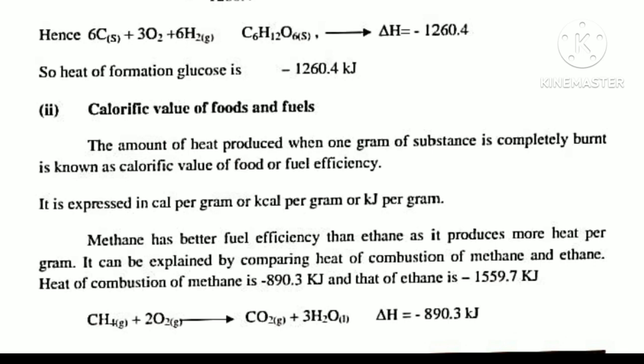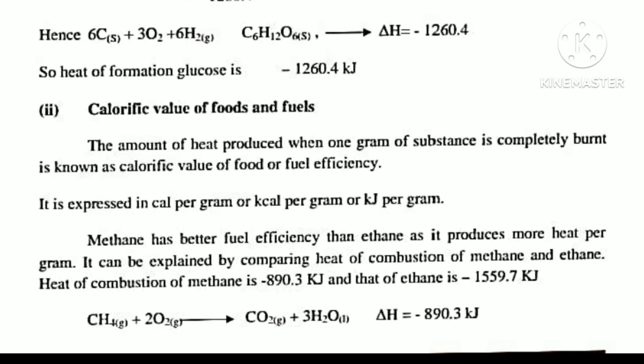Methane has better fuel efficiency than ethane as it produces more heat per gram. It can be explained by comparing heat of combustion of methane and ethane. Heat of combustion of methane is minus 890.3 kilojoule and that of ethane is minus 1559.7 kilojoule. CH4 plus 2O2 is equal to CO2 plus 2H2O.